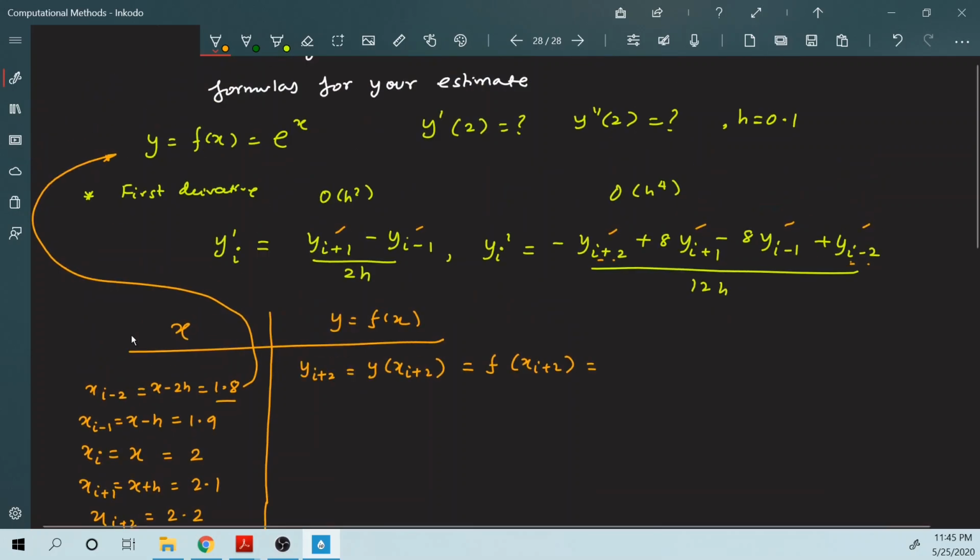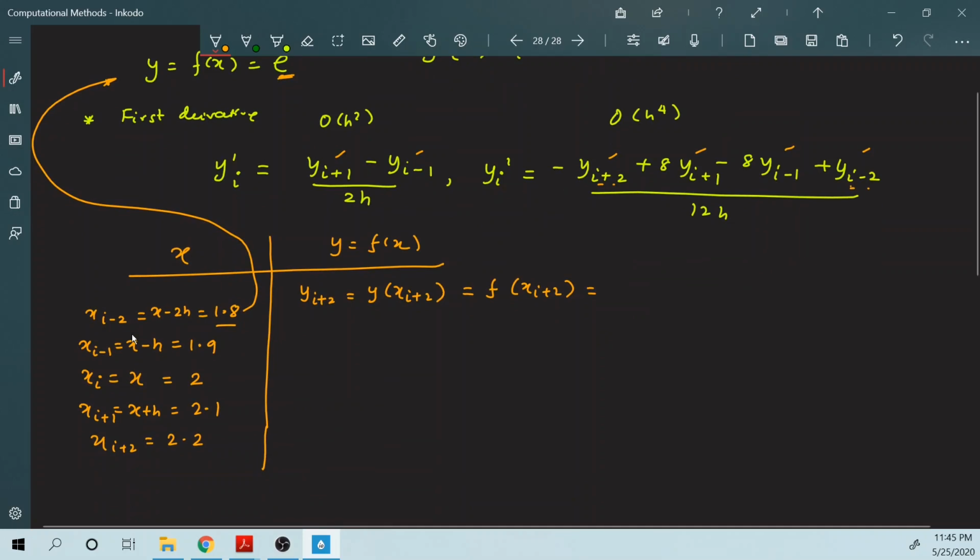And what is the function? e raised to x. So if you do that, the value comes out to be 6.049647. So I'm using 7 significant digits to avoid round-off errors. Similarly, if you want to find out, I'm sorry, this should be minus, I think.